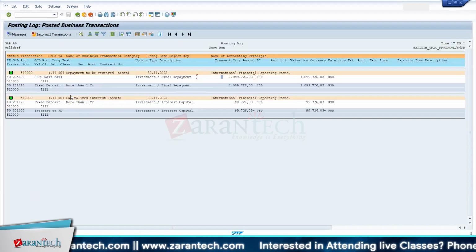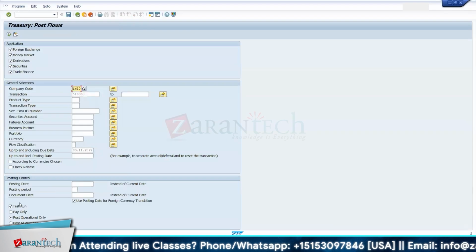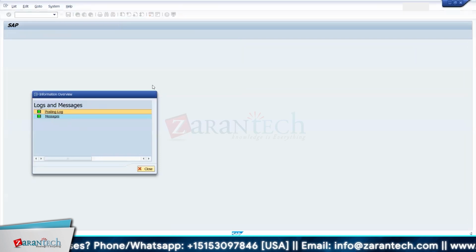This is with interest, and here my fixed deposit of more than 1 year is credit. Here interest is getting capitalized, so fixed deposit account debit, interest on fixed deposit credit. Okay, now I'll remove this test run so the final run will be done. So this is the accounting.